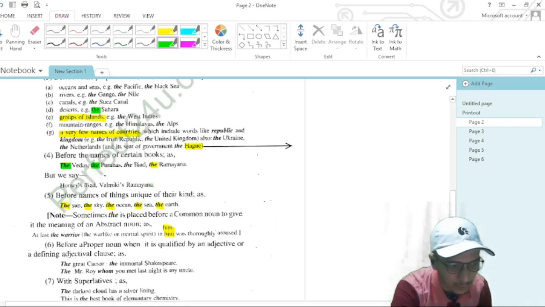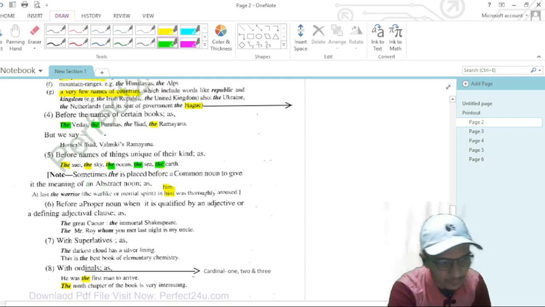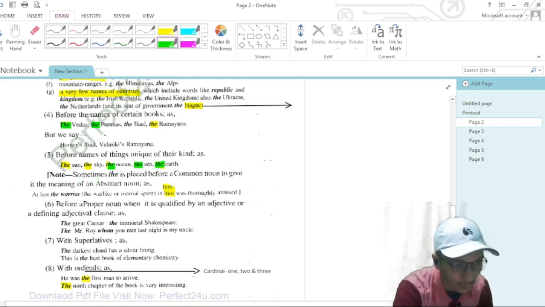The next rule is before names of things unique of their kind: the sun, the sky, the ocean, the sea, the earth. Note, sometimes the is placed before a common noun to give it the meaning of an abstract noun.